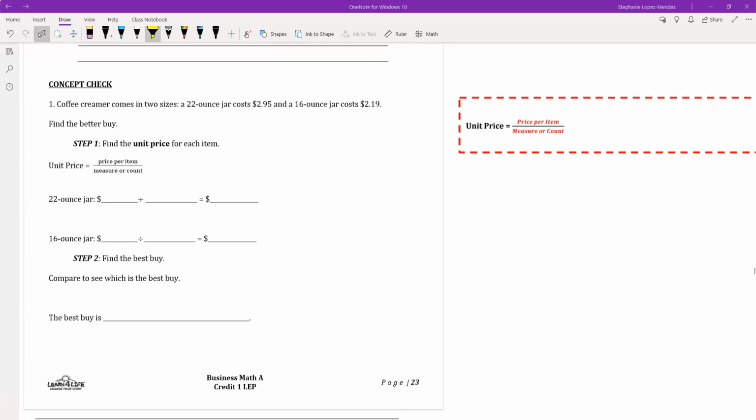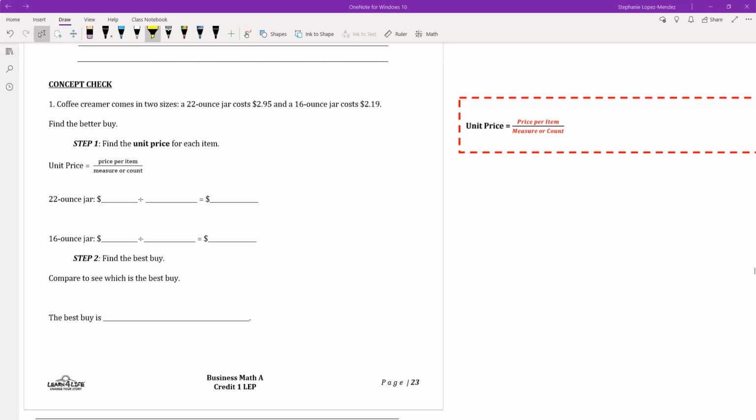So in our concept check on problem number 1, we have coffee creamer that comes in 2 sizes: a 22-ounce jar that costs $2.95 and a 16-ounce jar that costs $2.19. Now what we want is to find the better buy.